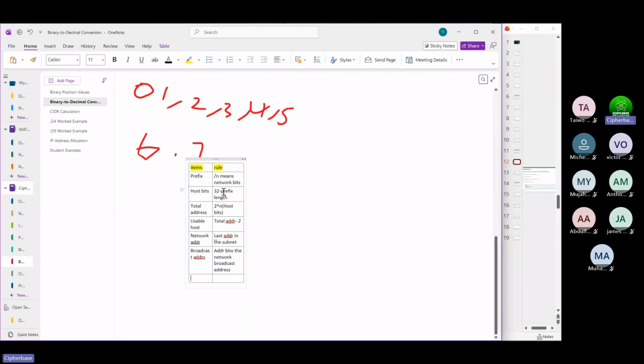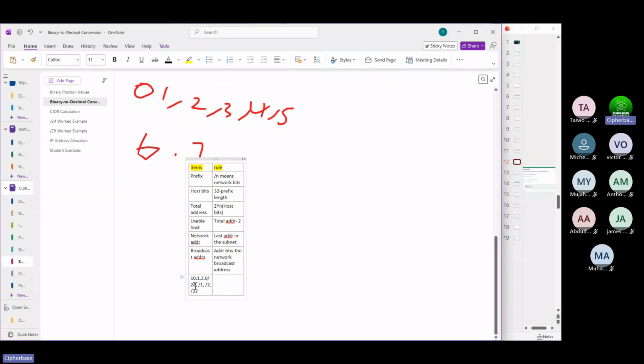So, okay, the prefix is where you see something like this. For example, you see 10.1.2.0 then /24. Sometimes it might be /24. Sometimes it might be /1. Sometimes it might be anything from 0 to 32. So sometimes it can be /32 rather.